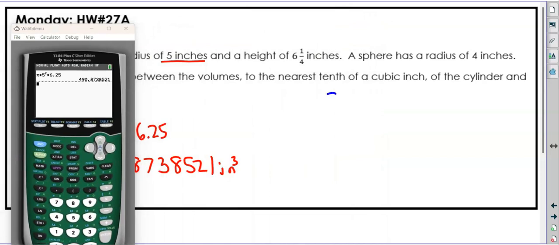Now let's do the same thing for the sphere, but let's use the sphere formula. Volume equals 4/3 pi r cubed. This time I'm going to erase and replace my radius, and it has a radius of 4. I'm going to use my fraction button on my calculator.